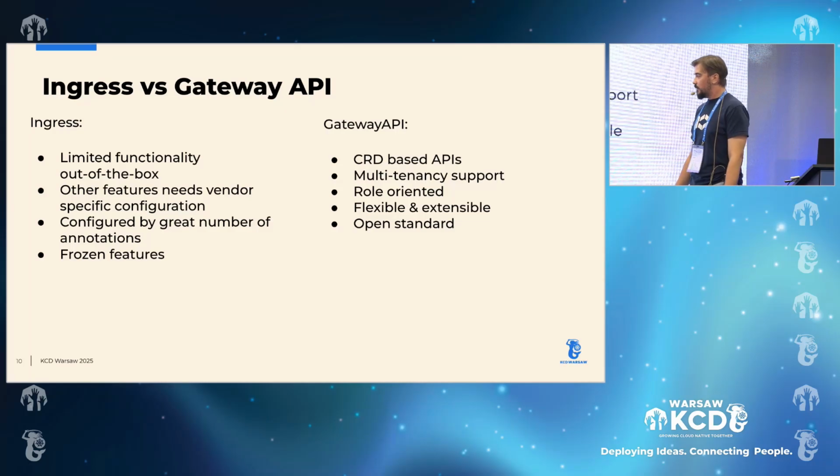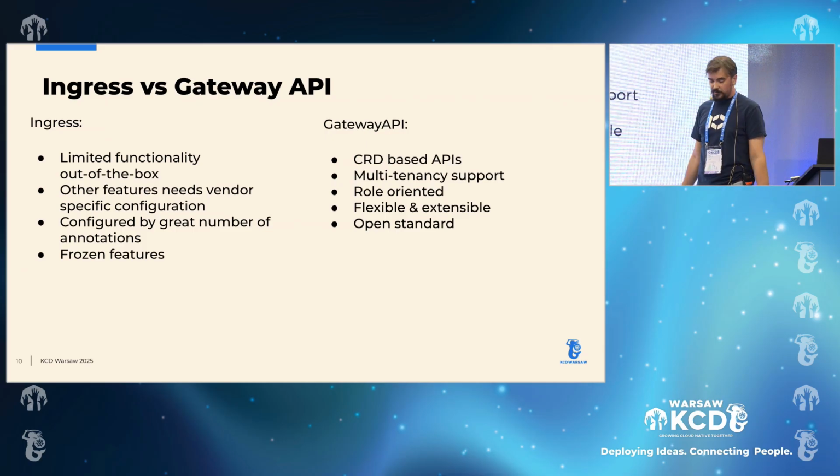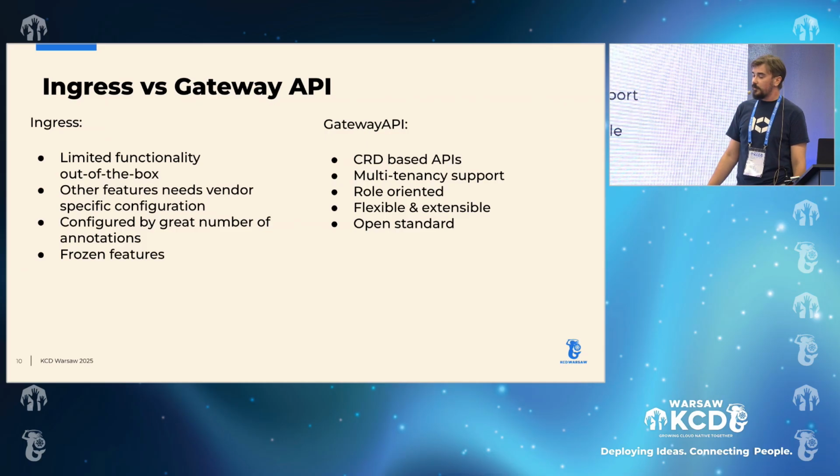And why is that? We know Ingress had some problems. One of them is that it had limited functionality out of the box, so other features needed vendor-specific configuration, configured by great numbers of annotations. I think anyone saw how the implementation looked.